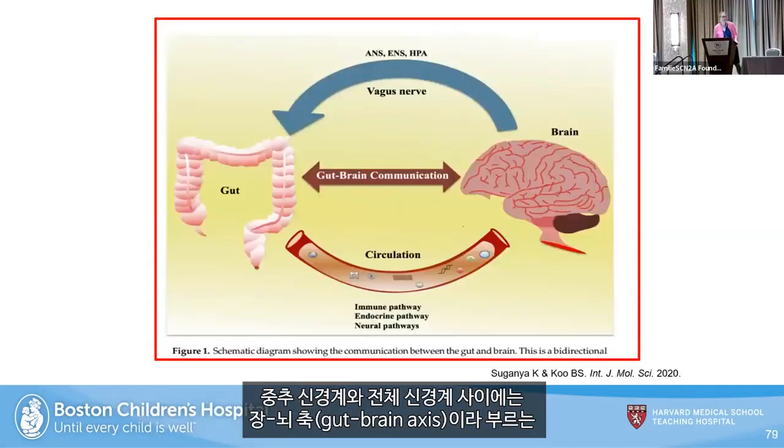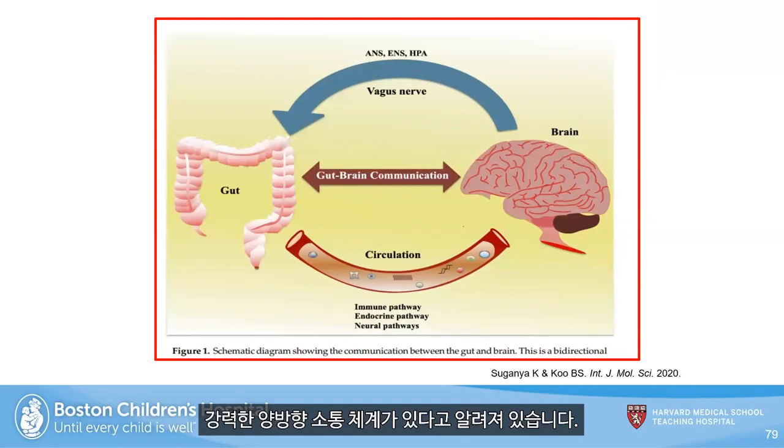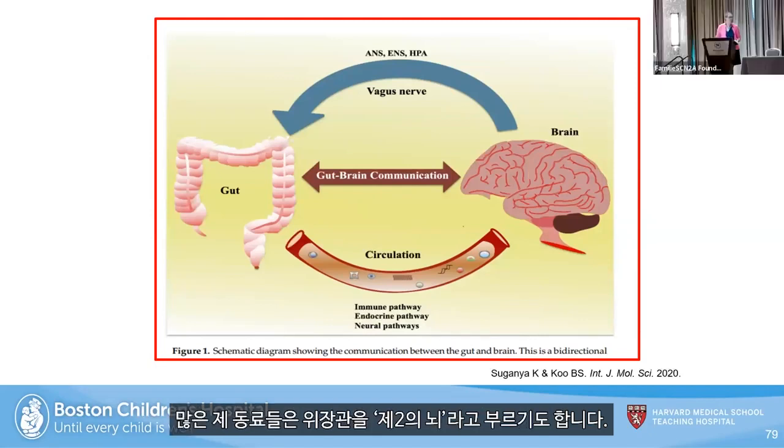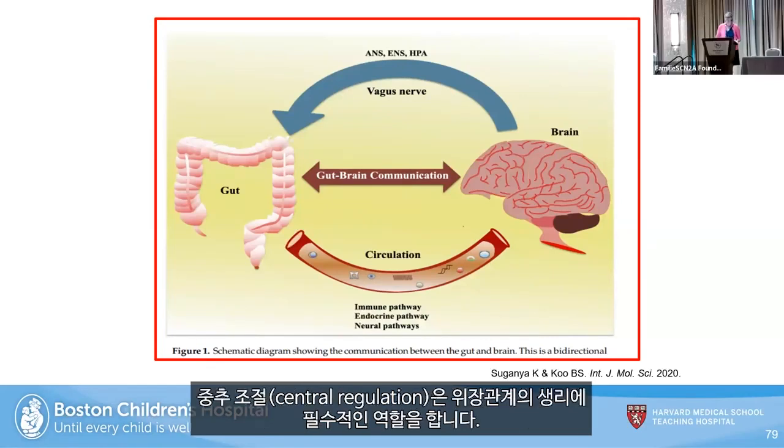And it's known that there's a strong bidirectional communication between the central nervous system and the enteric nervous system under what we call the gut-brain axis. That's why many of my colleagues call the GI tract the second brain. And in fact, neural communication has integrative roles in gut function, and this central regulation plays an integral role in the physiology of the GI tract.